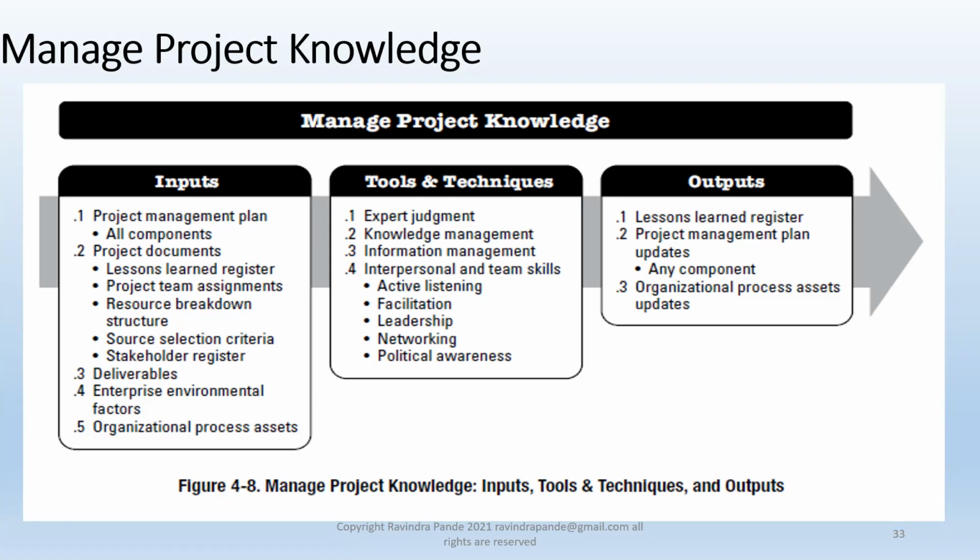Then we have project team assignment. These are the activities, tasks, work items assigned to the team members. So Ravindra is going to the St. Louis office of State Farm and installing 6 biometrics at the St. Louis office. It's a task allocated to Ravindra, and Ravindra with 4 others will go there from wherever your office location is and execute those tasks in a given time period, given days, hours, or weeks.